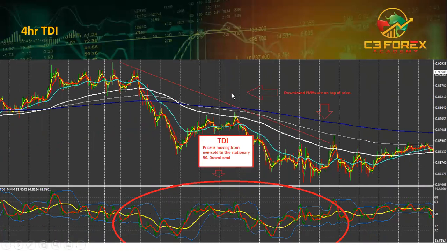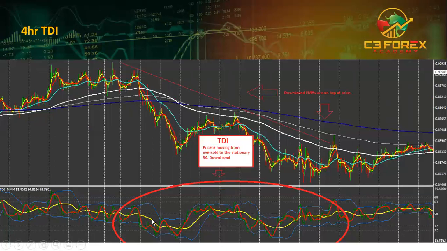Let's see. You got a downtrend, EMA sitting on top of price. So on a downtrend, you see price crossed the stationary 50 right here, and look how it's oscillating.